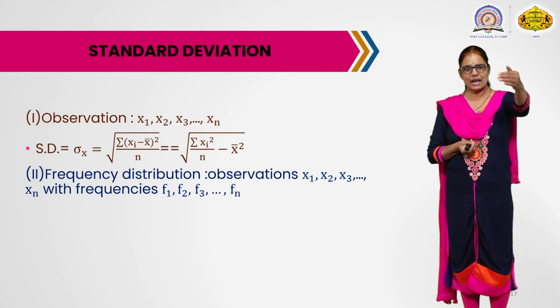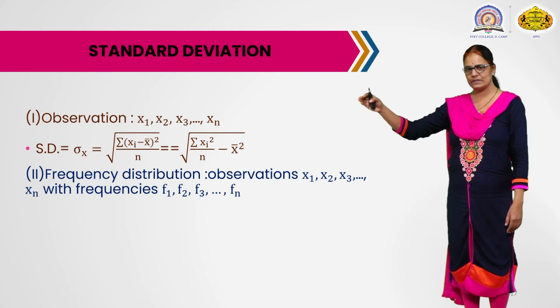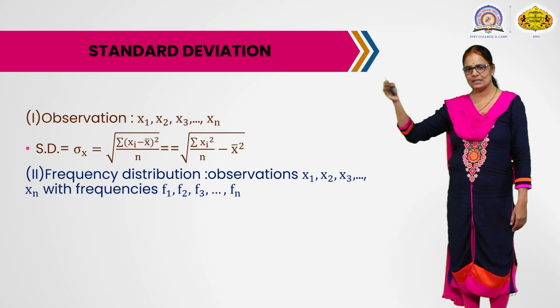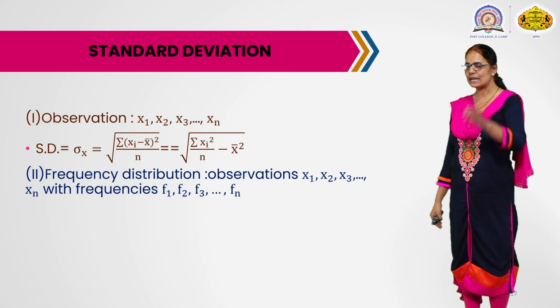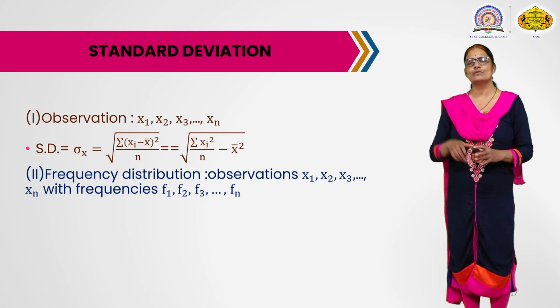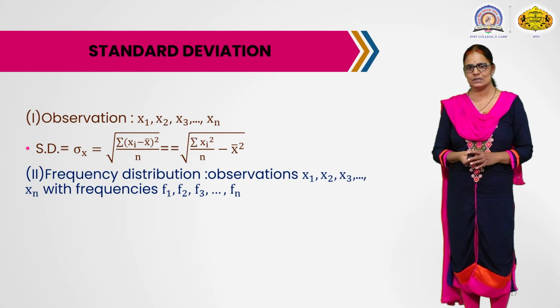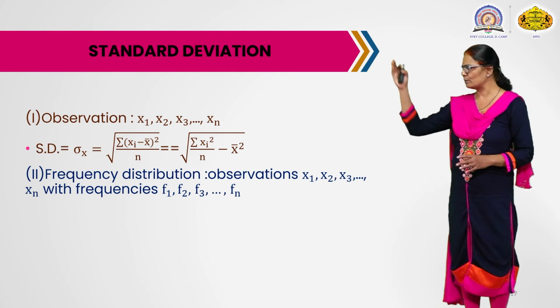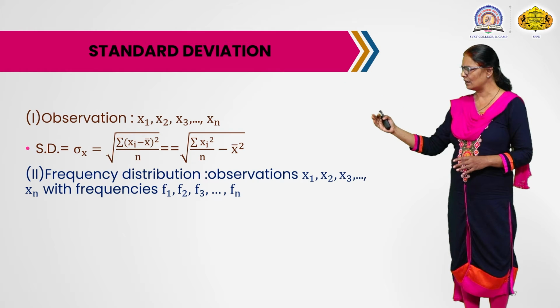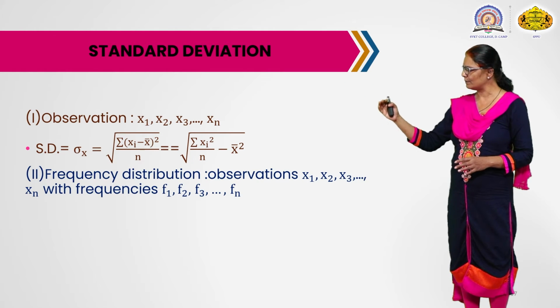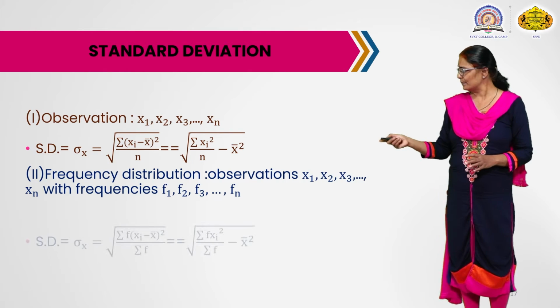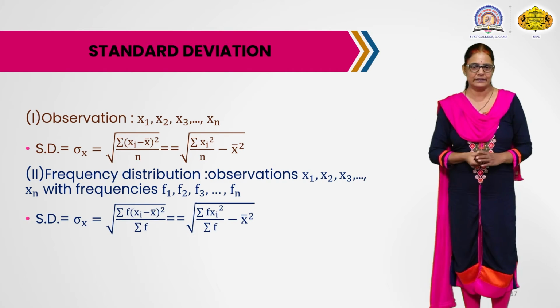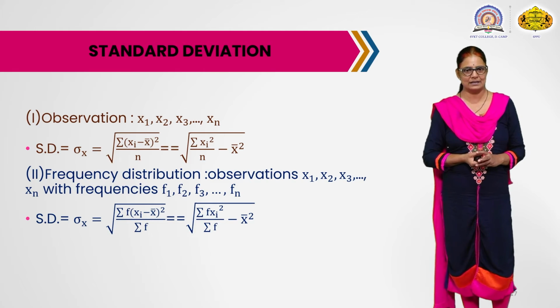So remember, in the first case observations x1 to xn are given, and these are the two formulas to calculate the standard deviation. Now suppose we are given the frequency distribution. Suppose we are given the observations x1 to xn with their frequencies f1, f2 up to fn respectively. In this case, what is the standard deviation?